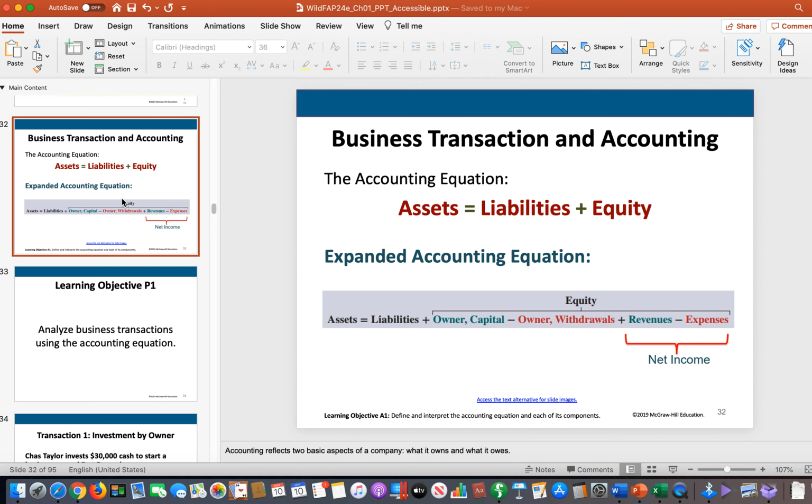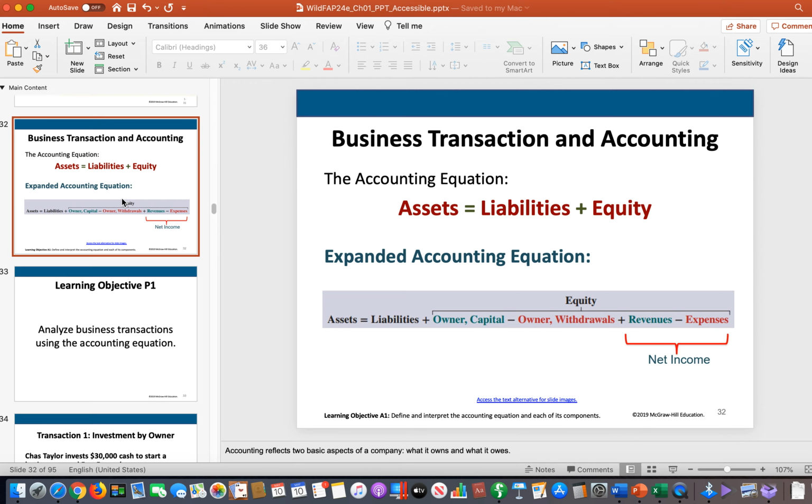If you have revenue or sales of $1,000 and you have expenses of $800, then your net income is $200. So what is the equity? If you own a company, what is your equity? It's the money you put in minus what you take out, plus any net income you may have, which is the result of sales minus expenses. Think about that.